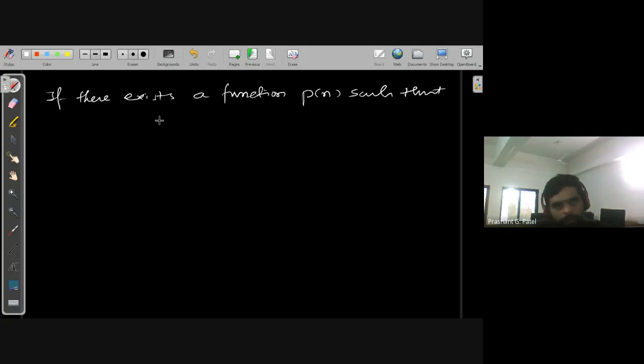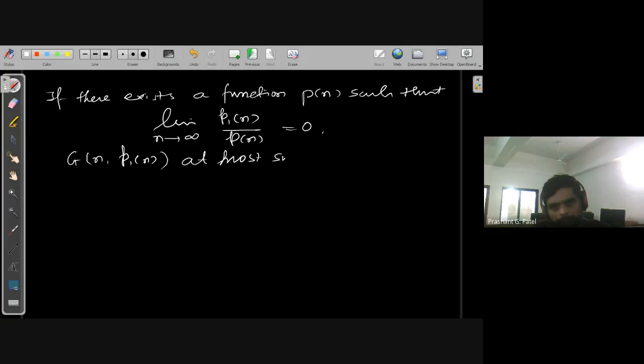I'm giving you a definition: if there exists a function p_n such that the limit of p1(n) upon p_n as n tends to infinity is 0, then G(n, p1) almost surely does not have the property.